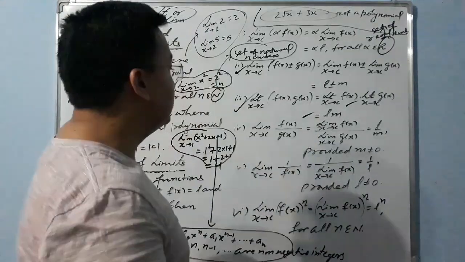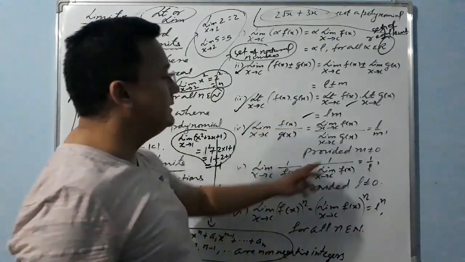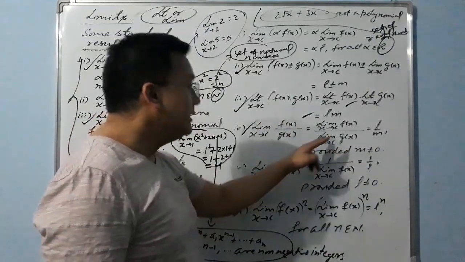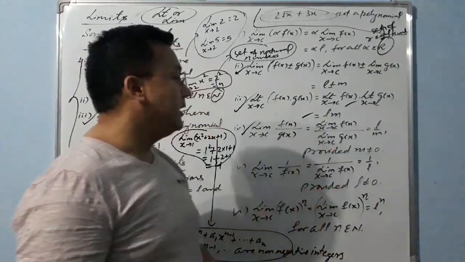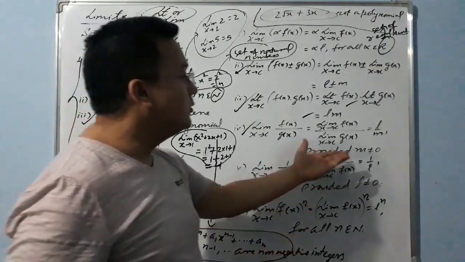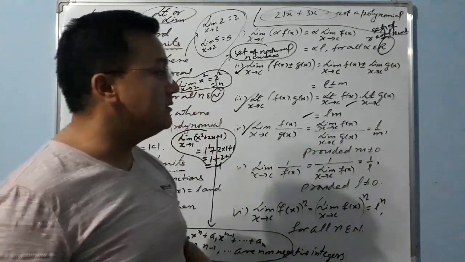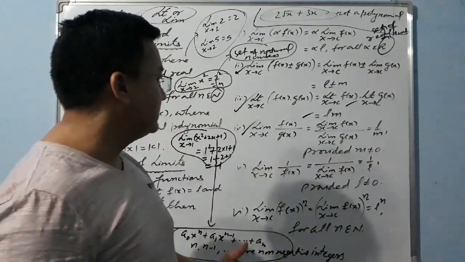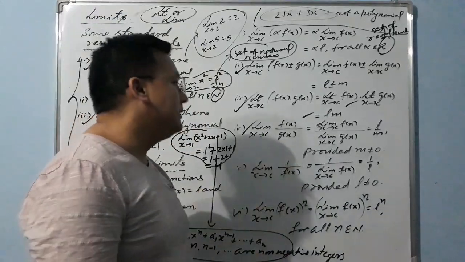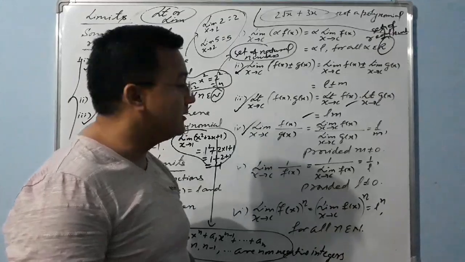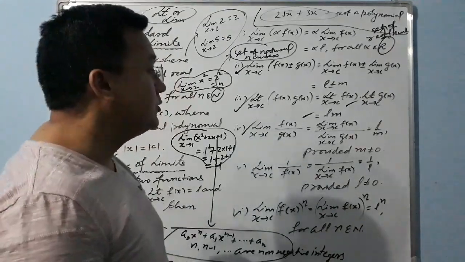So done, and this is also clear. Provided m is not equal to 0, provided limit of g of x as x tends to c is not equal to 0. If the denominator is 0, then the value is undefined, which means the limit will not exist. That's why we need the limit of the denominator to be not equal to 0.